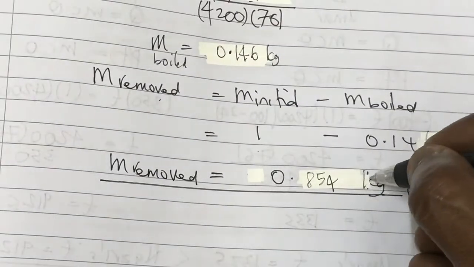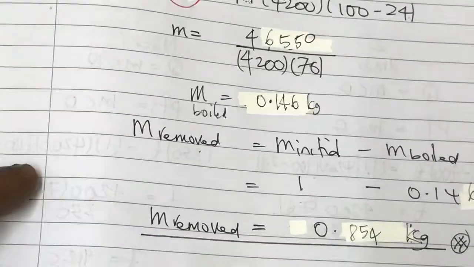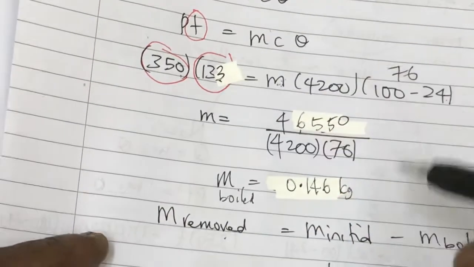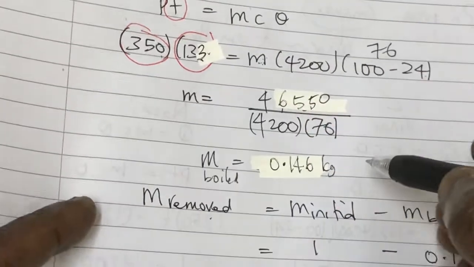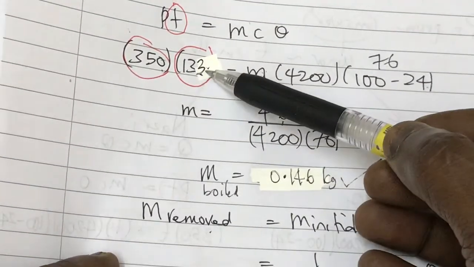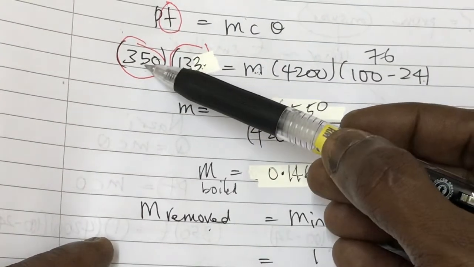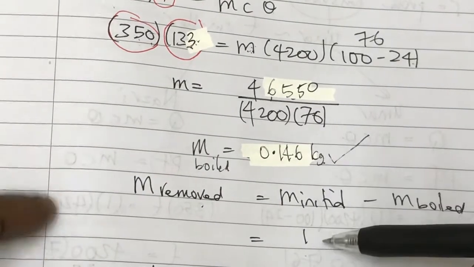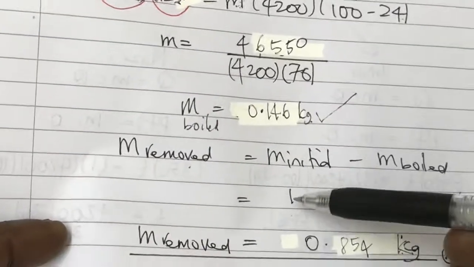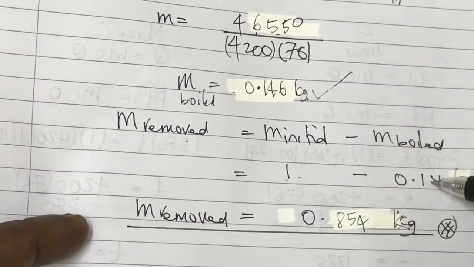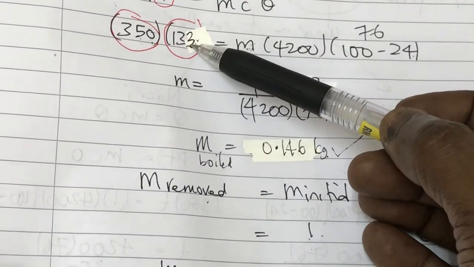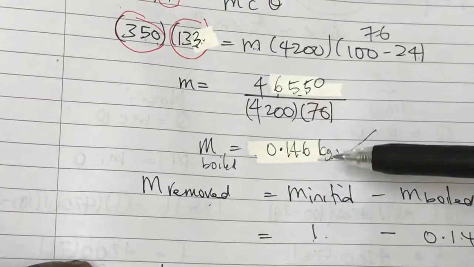So this is the amount of water that must be removed, because using the time of 133 seconds for Nazri, with power 350, only this much water is boiled. But initially he had 1 kg. So 1 kg minus how much boiled will give us how much water to be removed. Our answer is 0.854. I'm sorry for the mistake here. I was supposed to put 133, I put 135, so I had to do the correction.